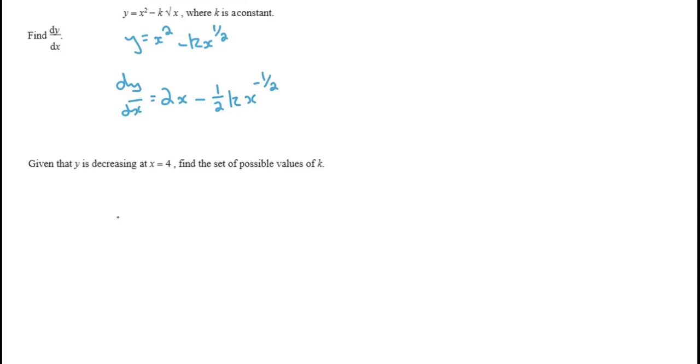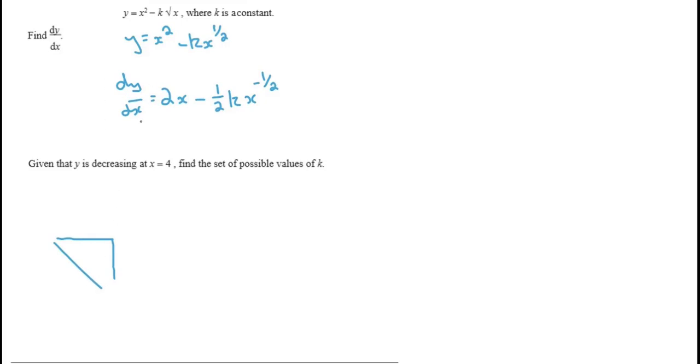As I already alluded to earlier, this differentiation can be used to work out the gradients of curves at specific points. So in this case, when we're saying that y is decreasing, we're saying as x is going along, y is going down. So ultimately you have some kind of negative gradient.